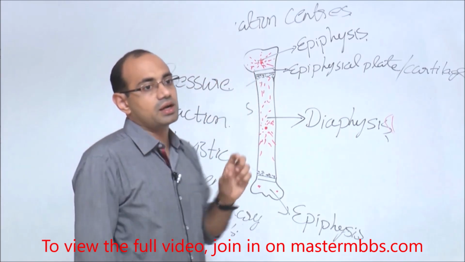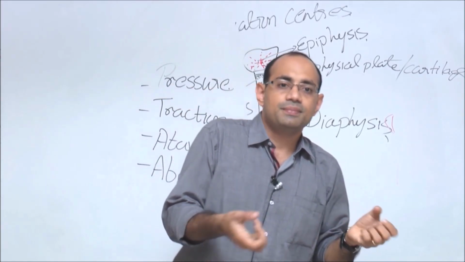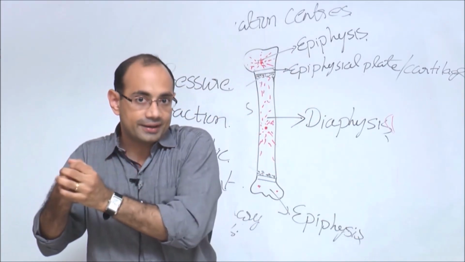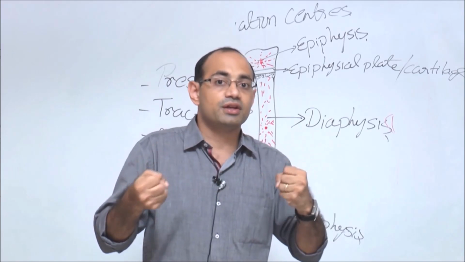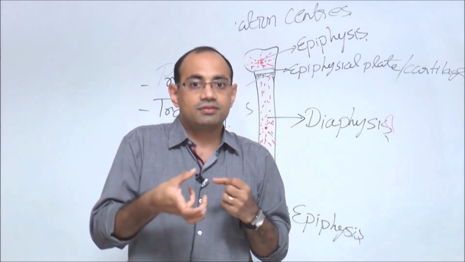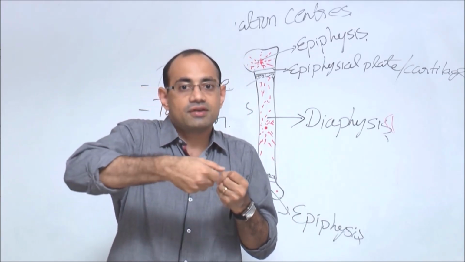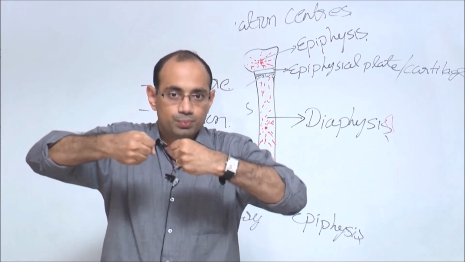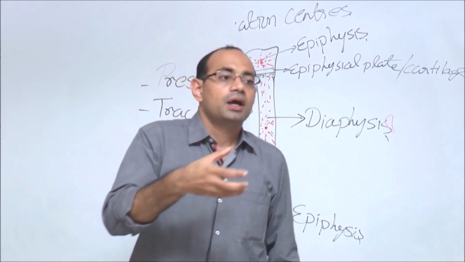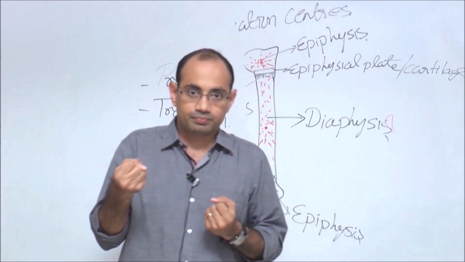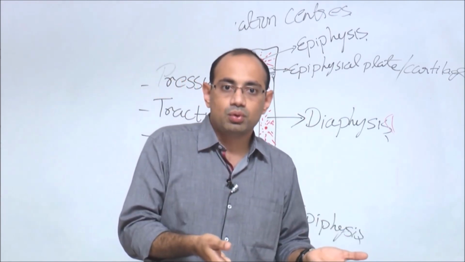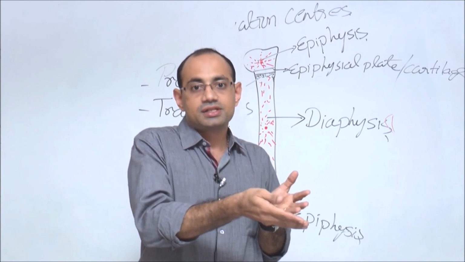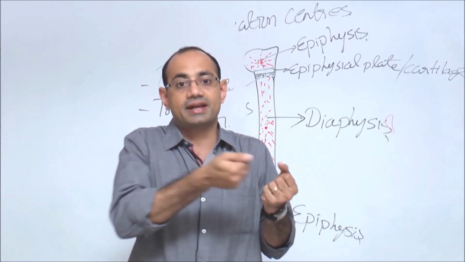Traction epiphyses, what about them? When you say traction, it means pulling. When you go to your clinics, you will see that for various conditions, sometimes traction is applied so as to pull the bones apart. So how can I pull a bone? What is already attached to the bone? You have ligaments and tendons already attached to the bone.